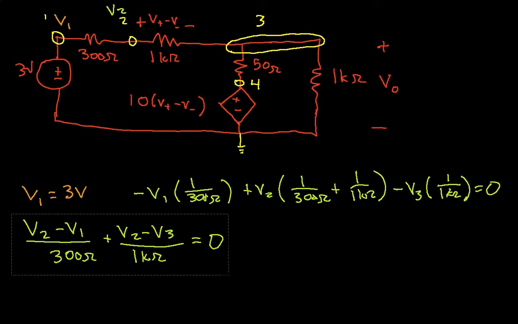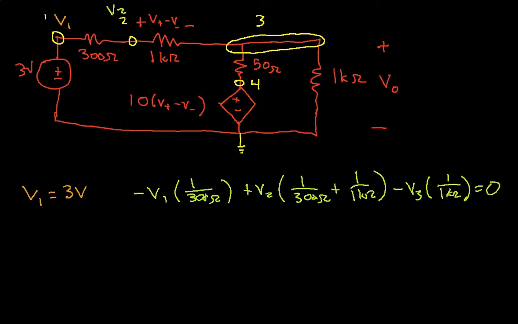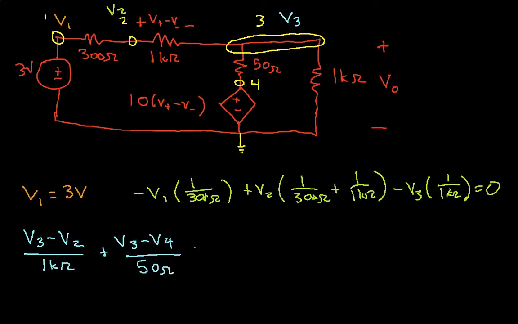Our third equation we'll get at node 3. At node 3, we will have (V3 minus V2) over 1k ohm plus (V3 minus V4) over 50 ohms plus V3 over 1k ohm, and that will be equal to 0.